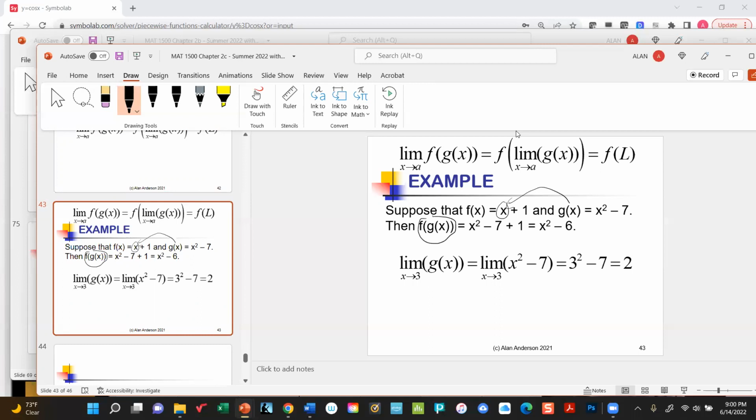The limit of just g of x as x approaches 3 is 2. Okay. So what is this helping me do? What is the limit of f of g of x?